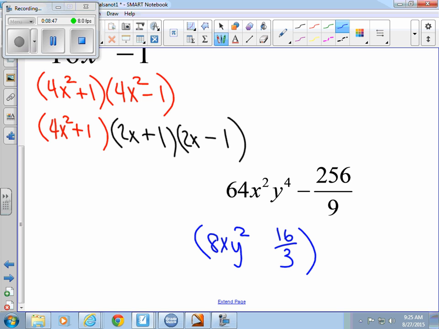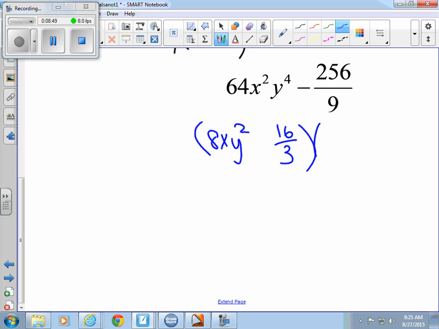I just square rooted the top and the bottom. One gets plus, one gets minus. That one is as nasty of a perfect square problem as I can make, and it still wasn't too terrible, especially with a calculator.